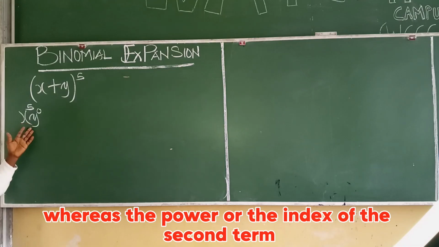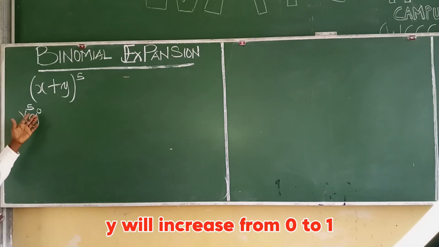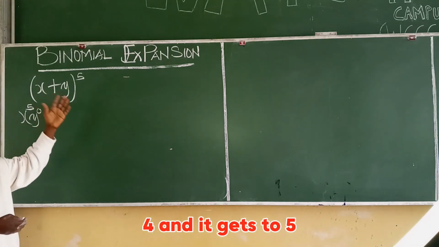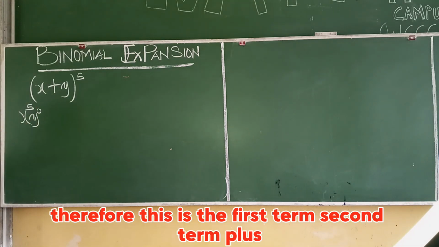Whereas the power or the index of the second term, y, will increase from 0 to 1, 1 to 2, 3, 4, and it will get to 5. Therefore, this is the first term.